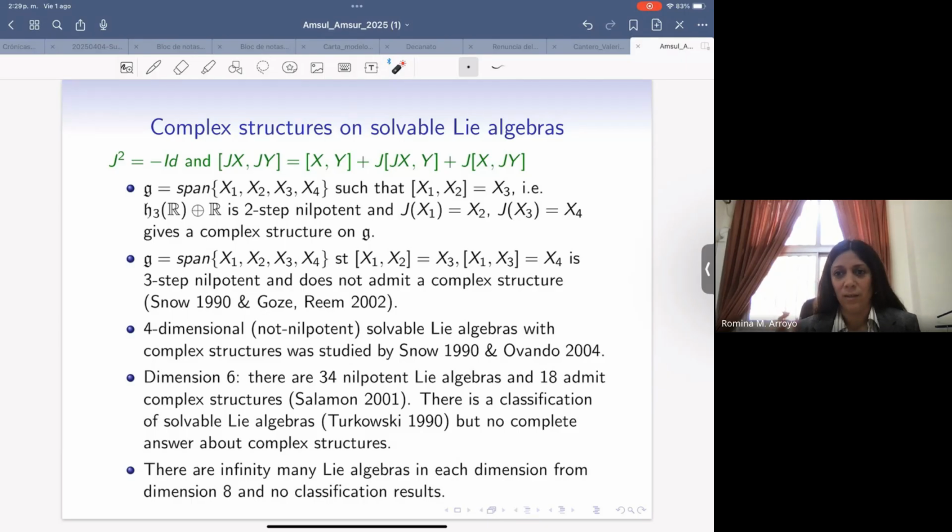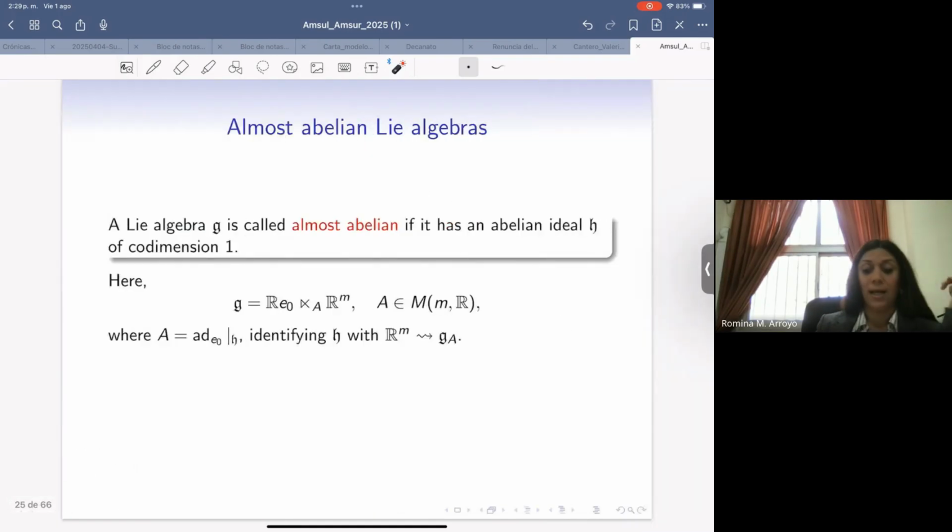What is the best that we can do? The best that we can do is try to study complex structures in some class of solvmanifolds. And the idea of this talk is to study complex structures and symplectic structures on this class, which are called almost abelian Lie algebras.